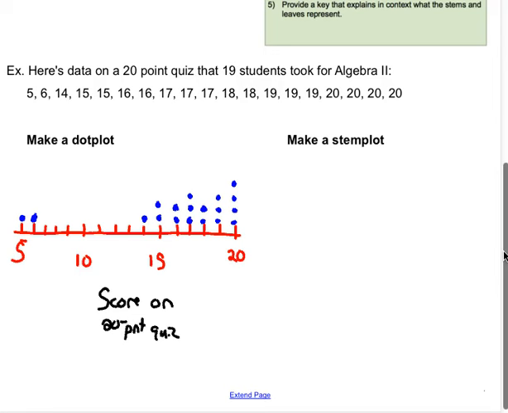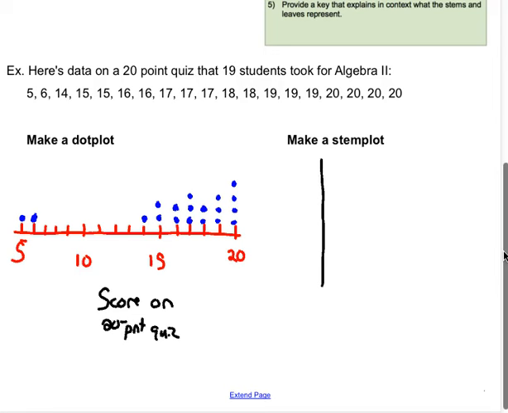The other one I'm going to show you is a stem and leaf plot, okay? Or here they just call them stem plots. So the first thing that I notice is I'm dealing with two-digit numbers, okay? So what I'm going to do is split it into stems and leaves, okay?